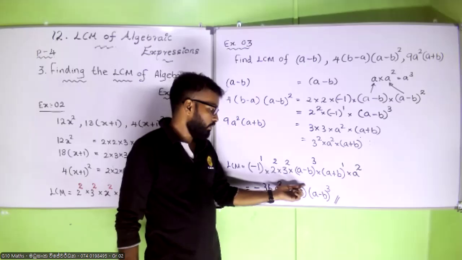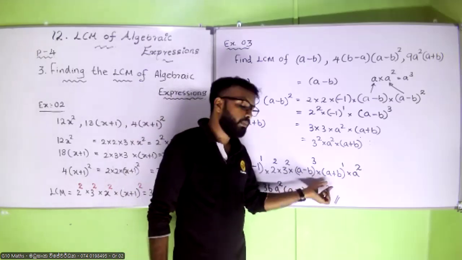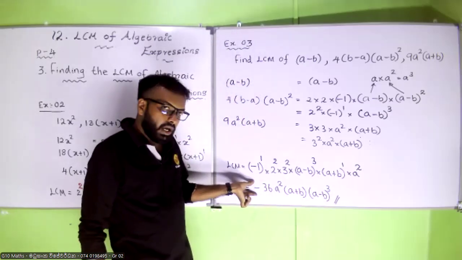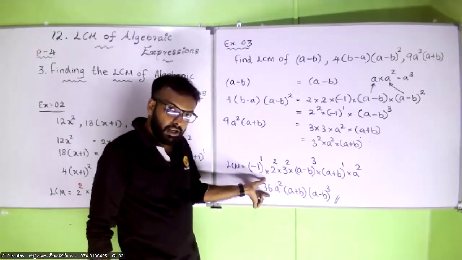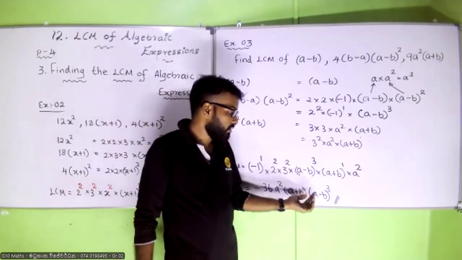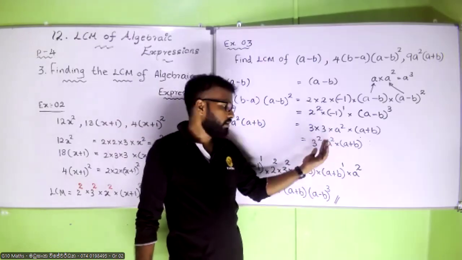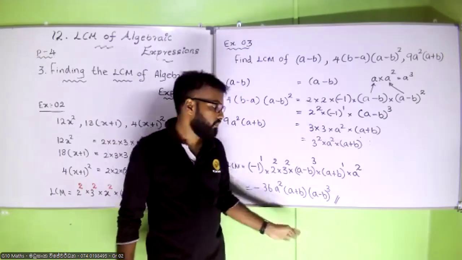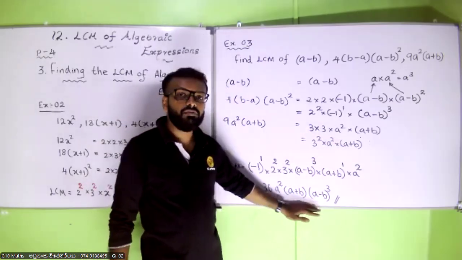A plus B to the power 1, A minus B to the power 3. Sign, numerical value, single algebraic term, and algebraic expression in order of increasing power. Make a standard method.